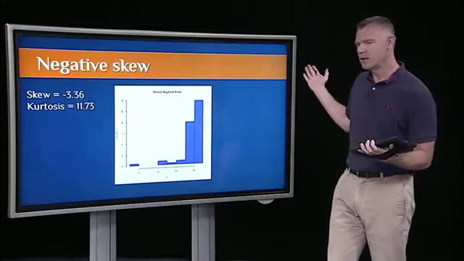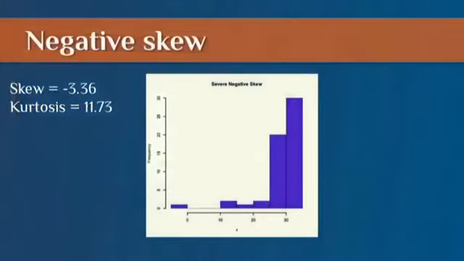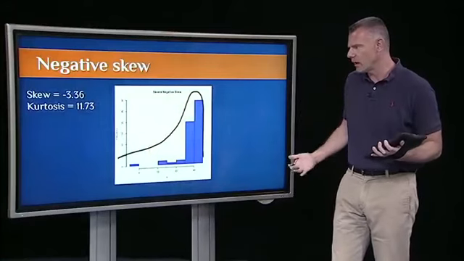So let's do the same thing for a negatively skewed distribution. So now I just have the skew going this way. I have a skew of negative 3.36. So again, it's over that threshold of 3 that makes me worry. Maybe this isn't normal enough for me to apply those inferential statistics procedures that we've covered.